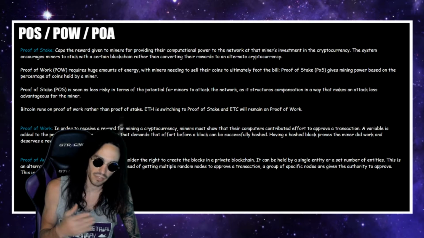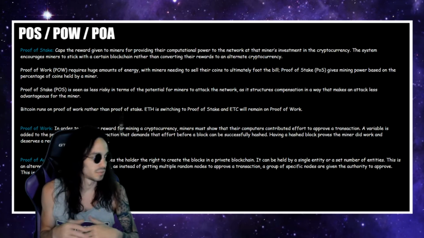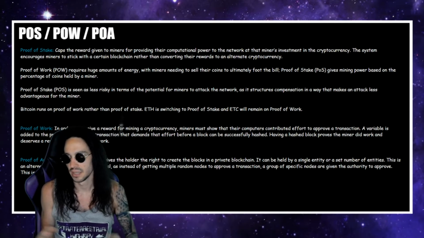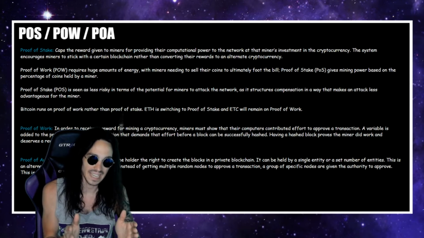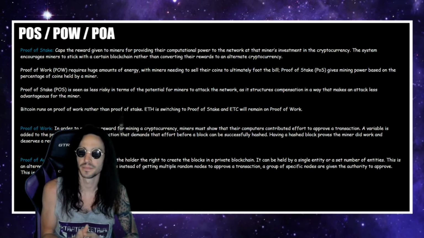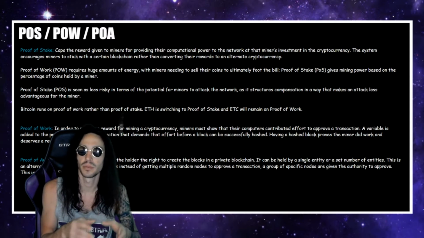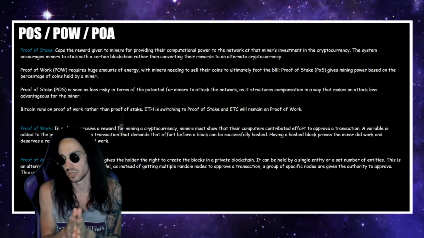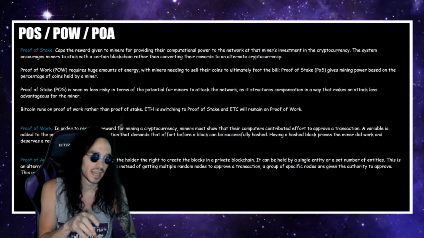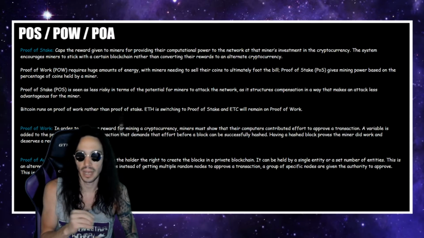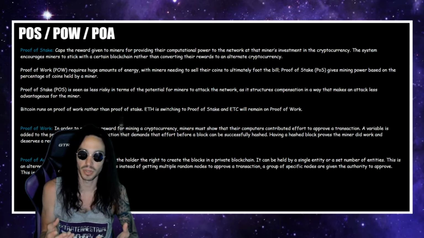So if I buy 15 Polkadot and Polkadot is at 12%, then I'm going to get 12% of my initial investment for staking Polkadot. Essentially, it encourages miners to stick with a certain blockchain rather than converting the rewards to an alternate crypto. So basically, it locks it away and uses it to help the transactions go through that blockchain smoothly.